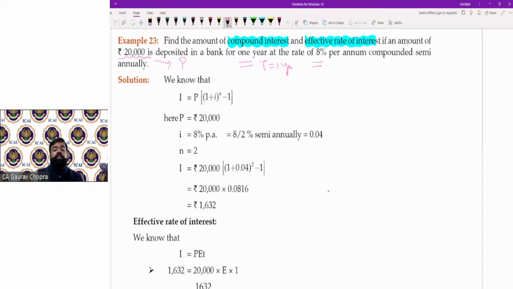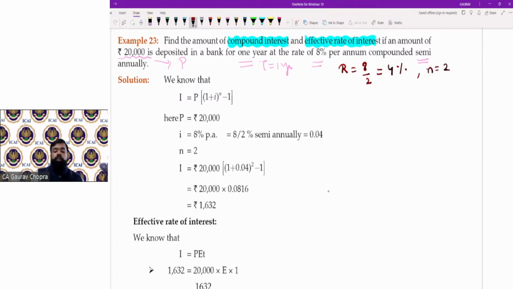The rate is given 8% per annum and compounding is done on semi-annual basis. So let us convert to semi-annual basis. So rate is 8, for conversion divided by 2, it will become 4%. And n will be 2, 1 into 2 gives 2. So what we have to calculate is the amount of compound interest and effective rate.